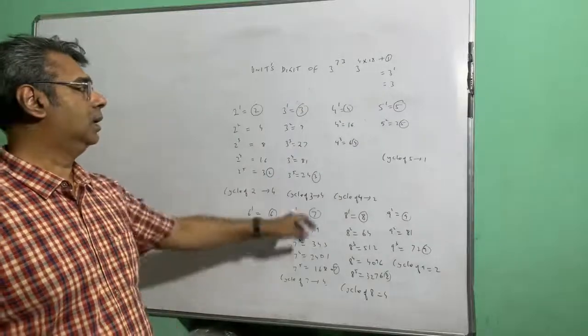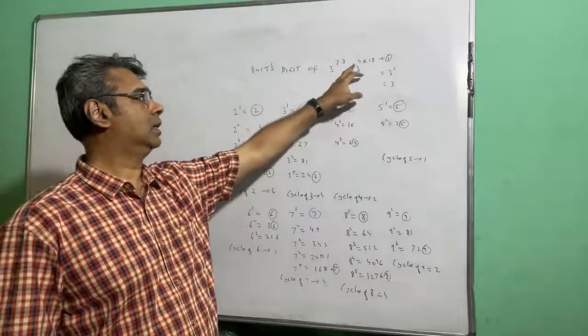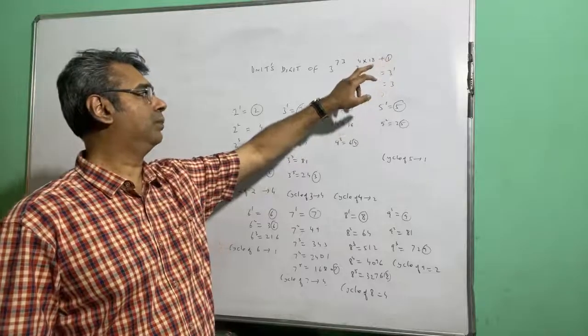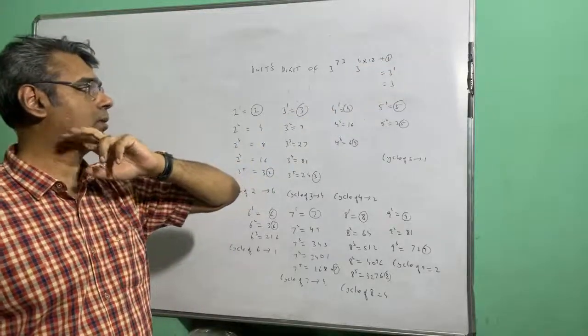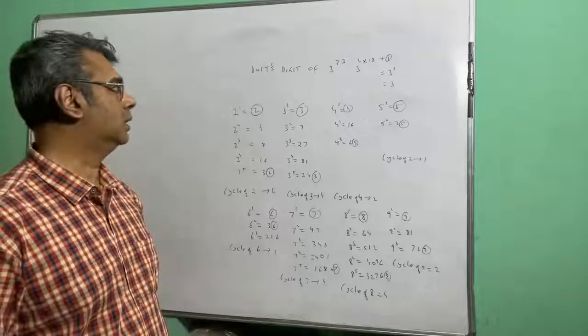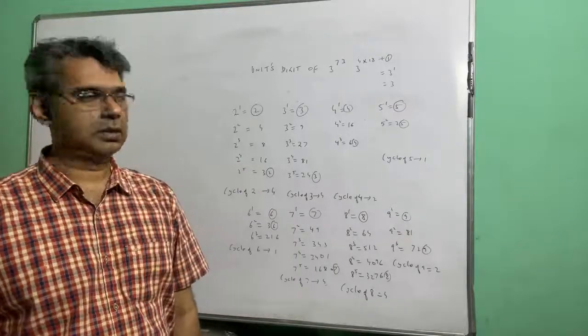Once again, for 3 to the power 73, 73 is 4 into 18 plus 1. Because it is plus 1, the answer will be 3 to the power 1, which is 3. So this is the way to use the cycle concept.